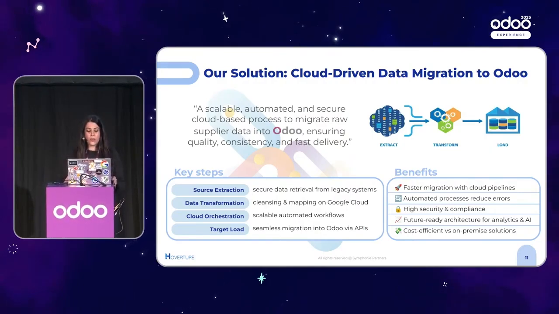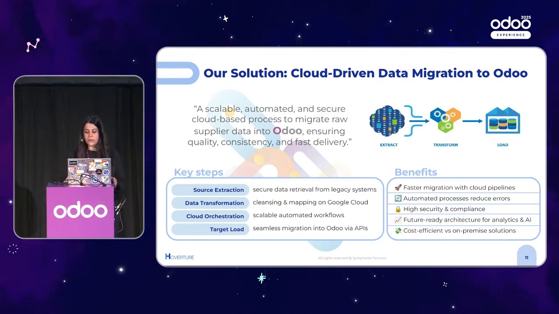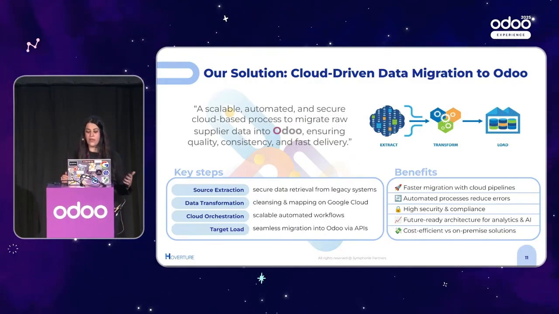And of course, then we have the target load, which is the most important part, which is the migration into Odoo through APIs. These steps can have different benefits, like a faster migration because you have well-orchestrated pipelines.